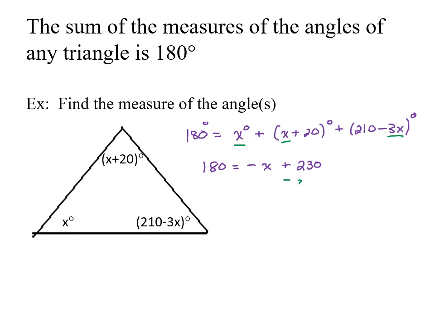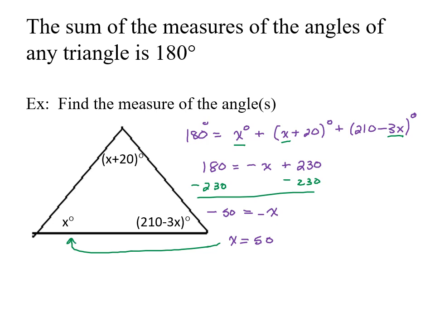Subtract the 230 from both sides. And so you'll get a negative 50 equals negative x. So x equals 50. So that 50 is one of the answers. This 50 is this angle right here. This is 50 degrees.